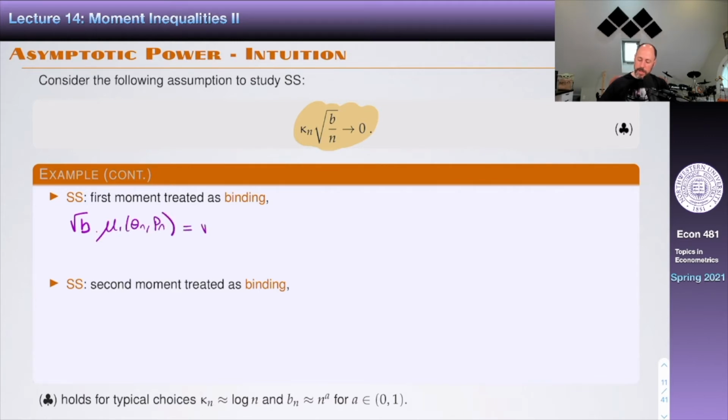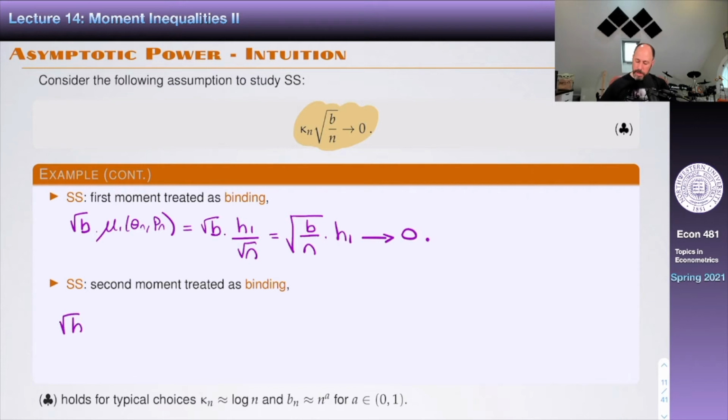And this is square root b times h1 divided by square root n, which is square root b divided by n times h1. This goes to 0. That's the bound that subsampling uses, the square root b mu. The first moment has square root b mu going to 0.